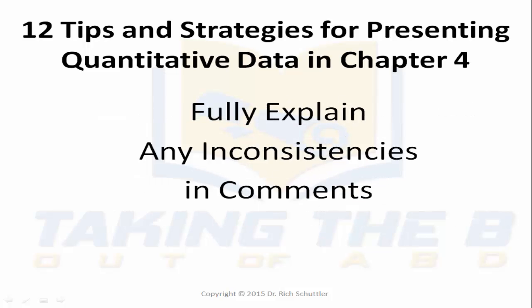Make sure that you fully explain any inconsistencies and comments. Oftentimes, the first-time researcher puts information into their Chapter 4 related to the data, and they may not fully explain any inconsistencies. Let's just say, for example, you did your first round of surveys and you did not get enough of them.